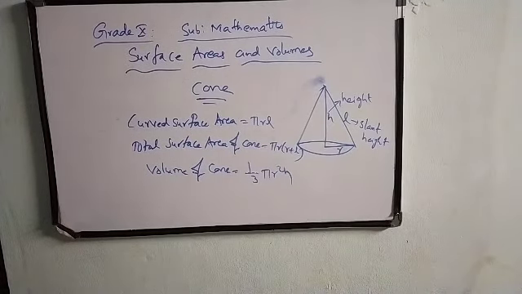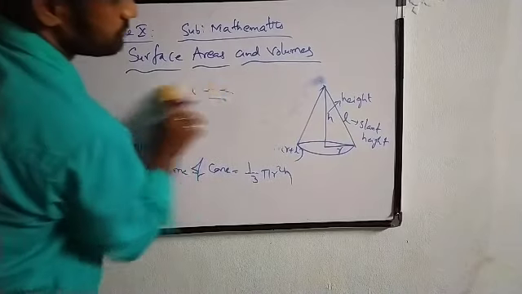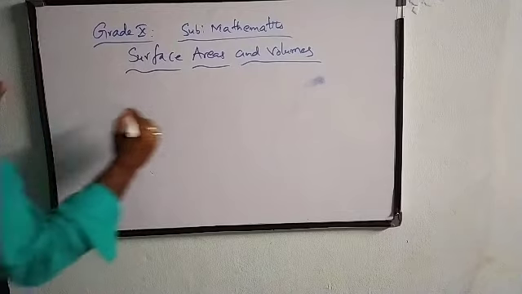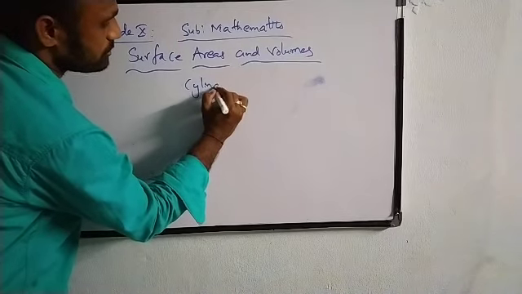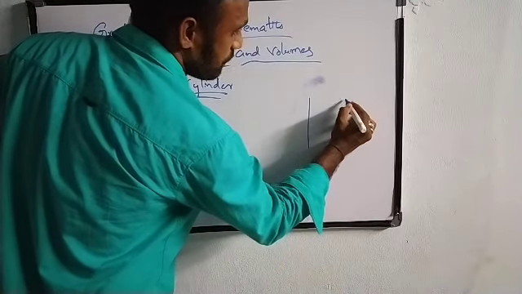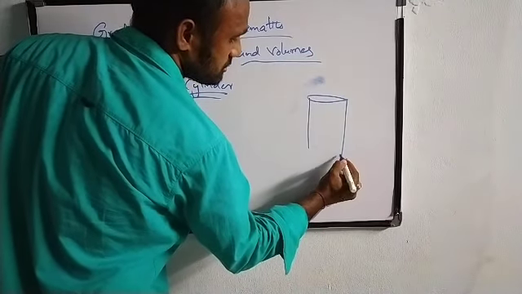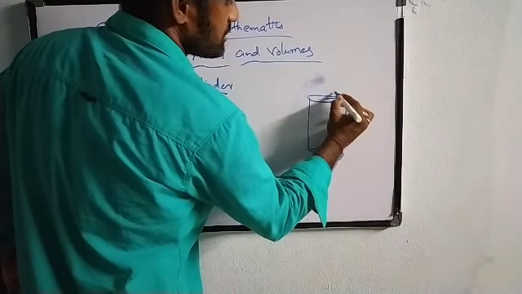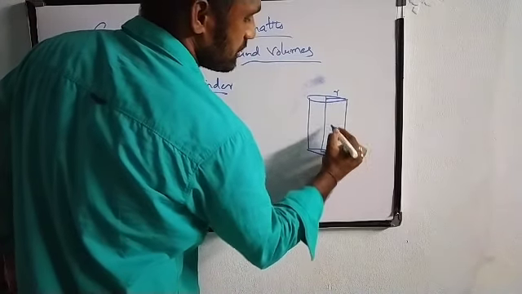Next let us take the cylinder. We already know the shape of the cylinder, which consists of two circles on either end. In the cylinder this is the radius and this is the height of the cylinder.